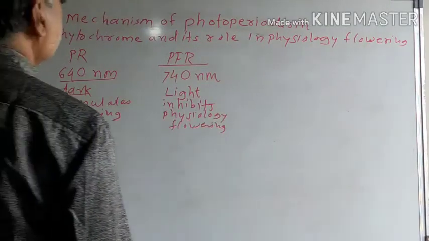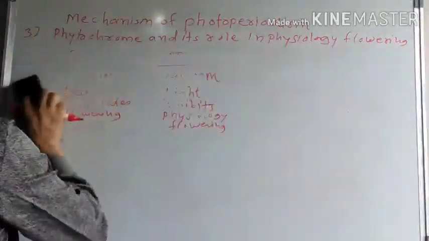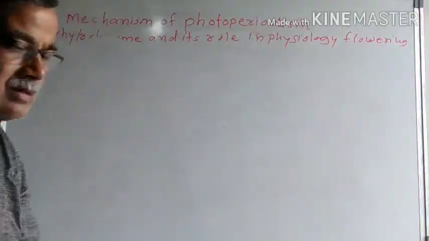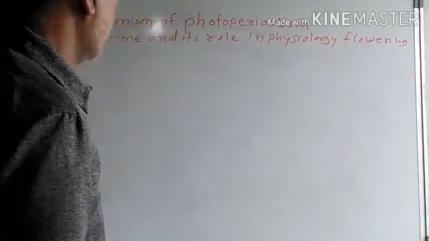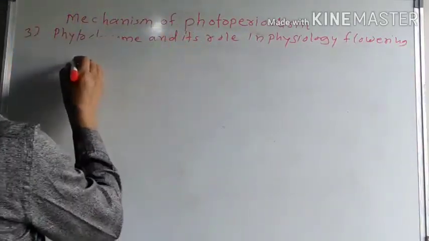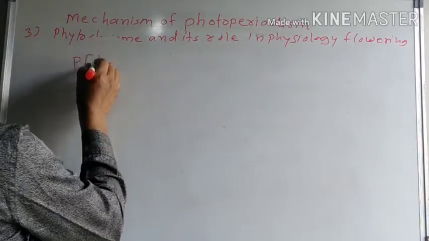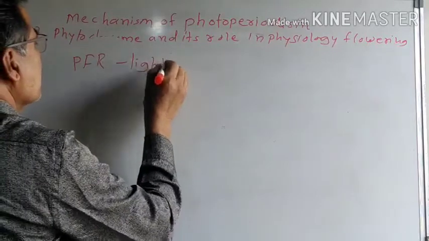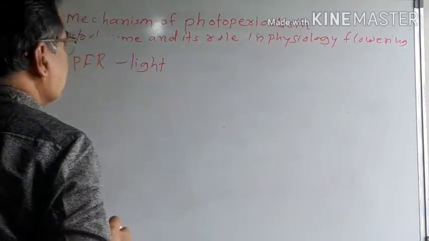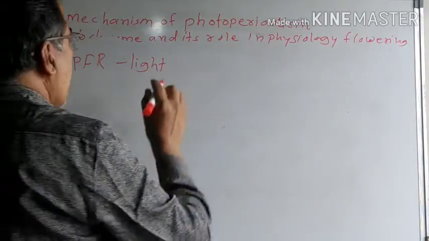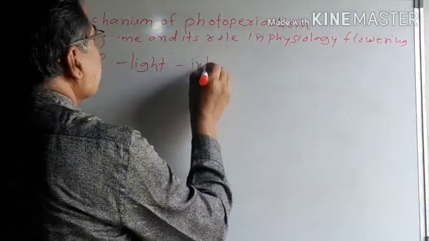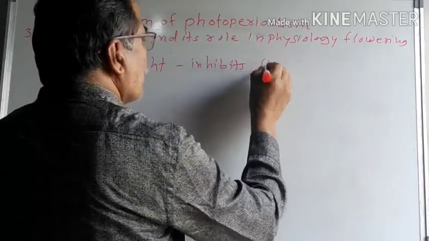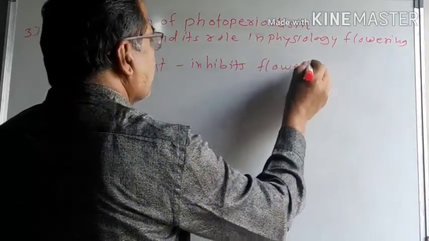Here, in these plants, the PFR form is produced in the light period in short day plants, and this light period inhibits the physiology of flowering.